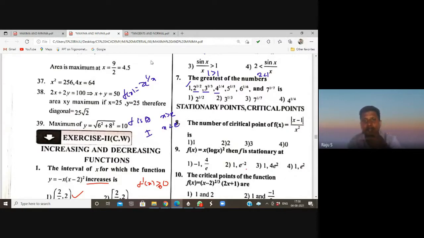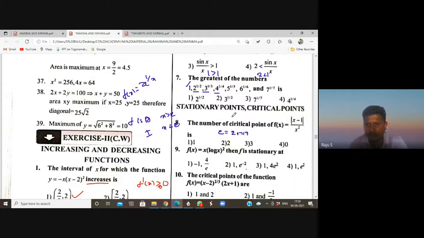According to that, what is the e value? First, we want to know the e value. E is equal to 2 point, the value is 2.71 something.